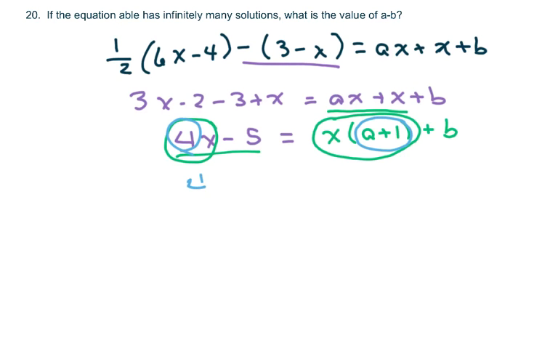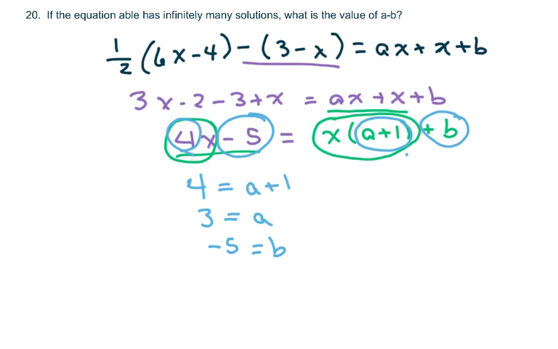So I'm going to set 4 equal to a plus 1. So a equals 3. Now b, if we set those the same, b already equals negative 5. Remember, we want the right side to look like the left side.